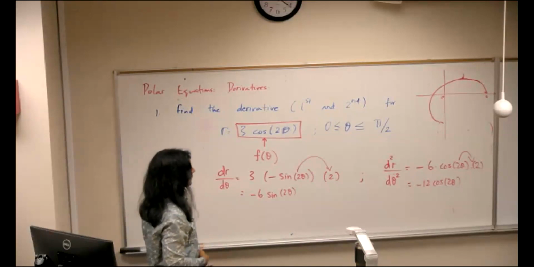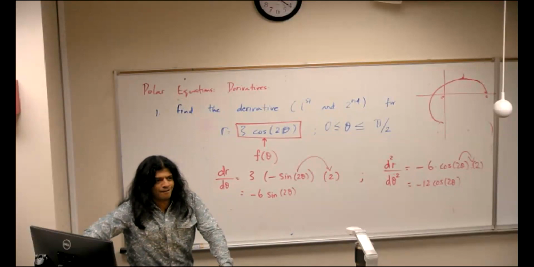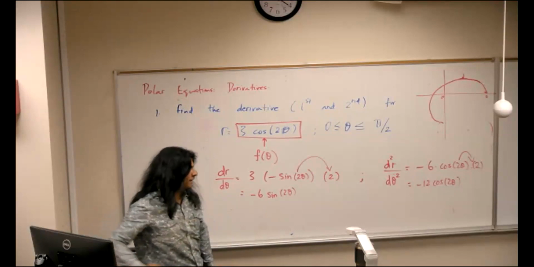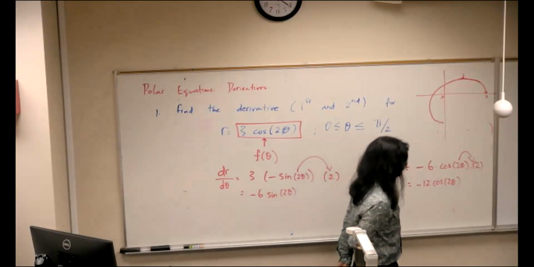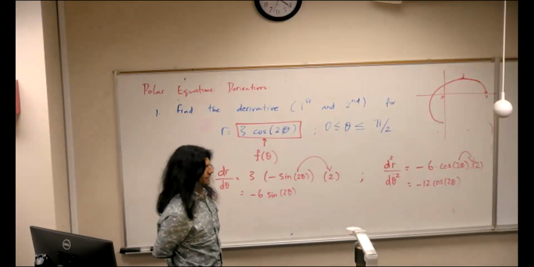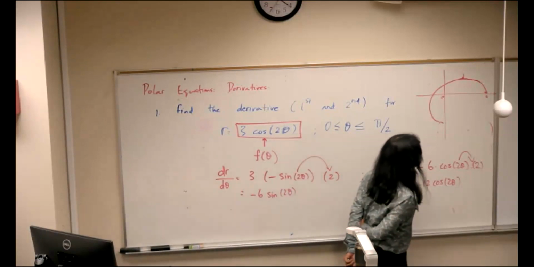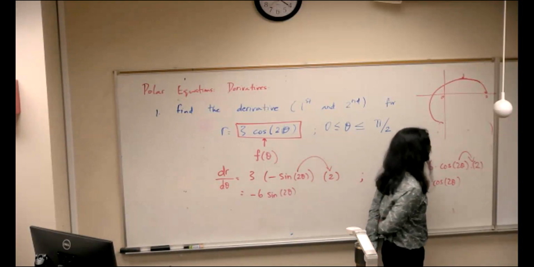But is the radius 0 at that point? No. So even though we find dr over d theta, the radius is not 0. What we are trying to say is how the radius changes with respect to the angle.